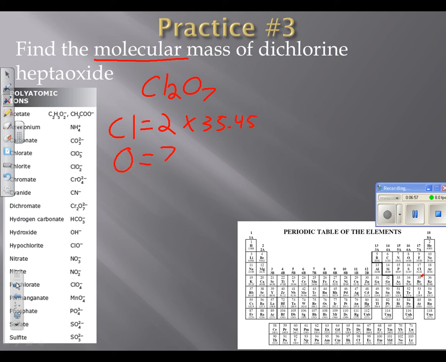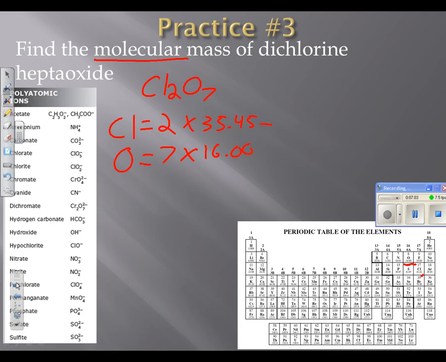Oxygen, we have 7 of those, and we should be familiar with oxygen being 16.00. Do those math problems, and you get 70.9. And oxygen gives us 112.00. Add those up, you get 182.90 grams per mole.